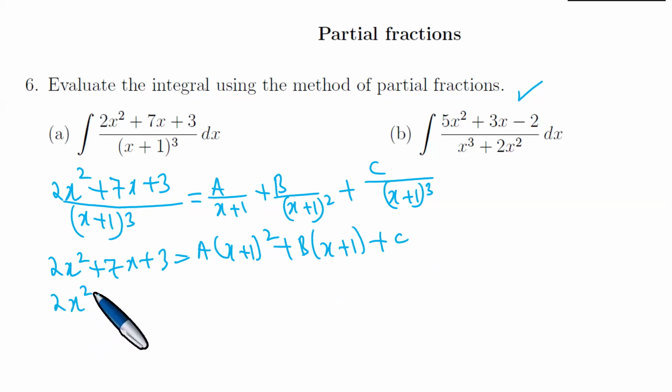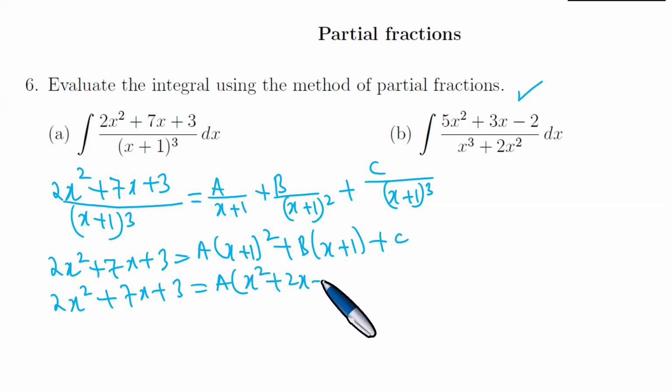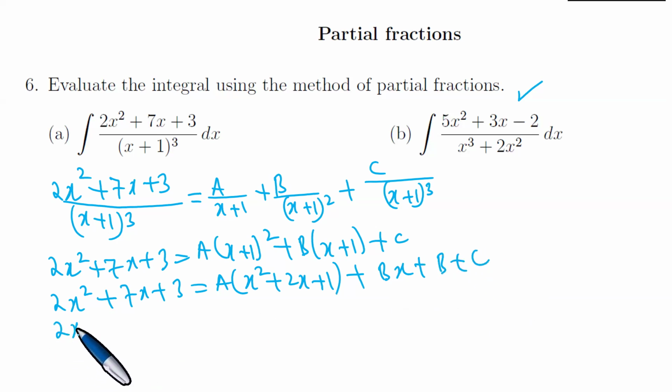Which means there's 2x squared, 7x plus 3. You multiply out here, and if you square these, it becomes x squared plus 2x plus 1, plus B. You can write already here Bx plus B plus C, which is 7x plus 3.